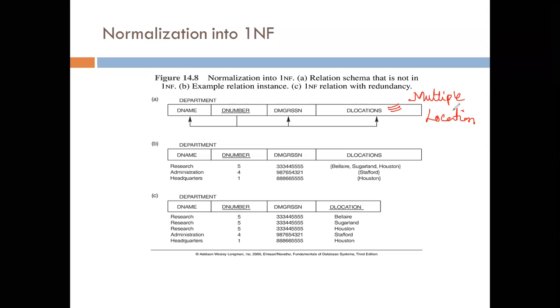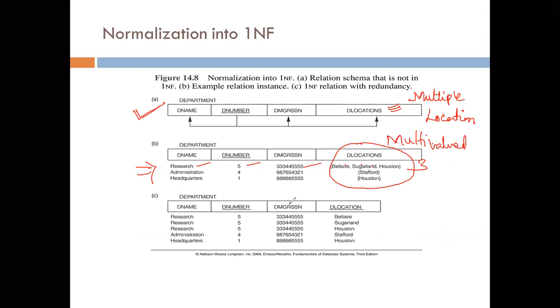If we had used this table, then our data would look like this: Research department, department number 5, this is the manager, and it is present in 3 locations. When we have 3 values, this becomes multi-valued. According to the definition of first normal form, multi-valued is disallowed, even though we want the department to be in multiple locations. So this cannot be stored in a single table.